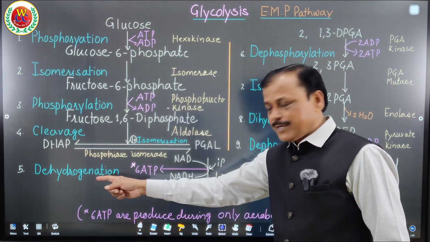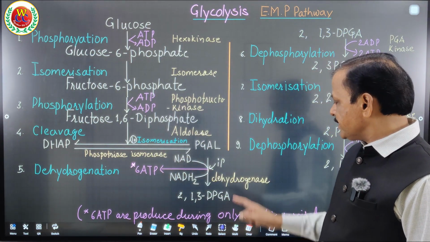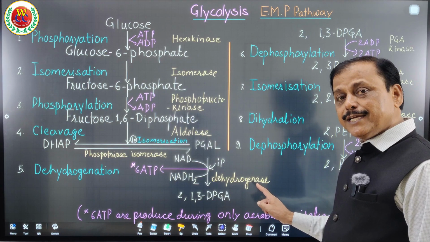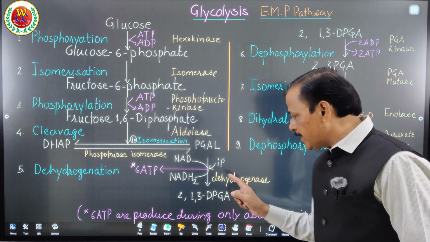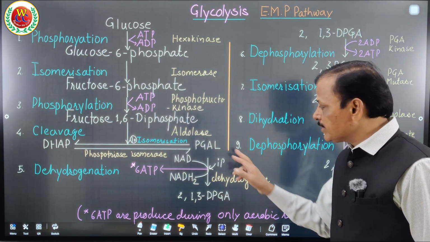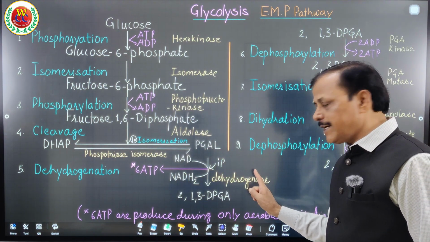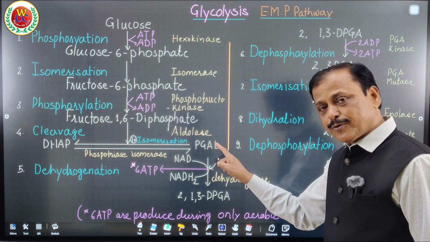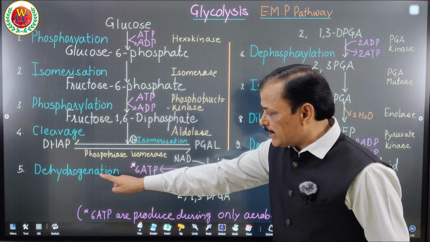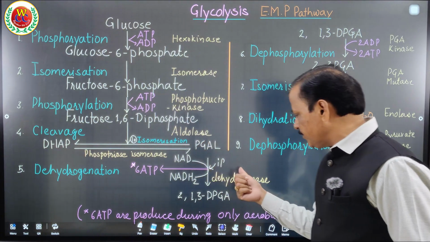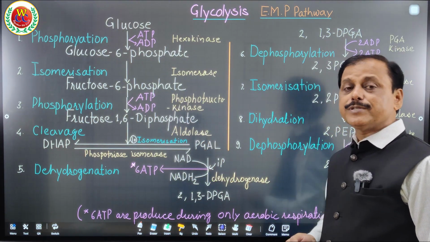That is called phosphodehydrogenation. It occurs in the presence of which enzyme? NAD dehydrogenase, nicotinamide adenine dinucleotide dehydrogenase, or PGAL dehydrogenase, phosphoglyceraldehyde dehydrogenase. Why? Because phosphoglyceraldehyde has given up hydrogen, that is dehydrogenation of PGL occurs, therefore the enzyme is PGAL dehydrogenase.